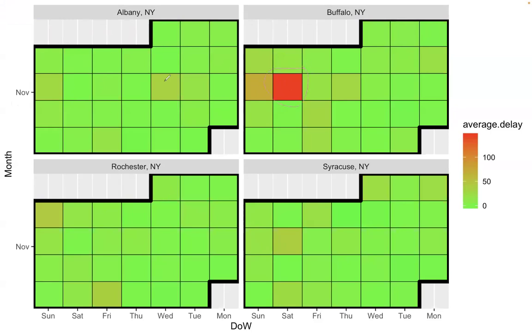And for Albany, this day has the most, and some of the days also have delays. And for Syracuse, this day has the most delay. So it is very clear to see through this picture that you can identify those days you may want to avoid taking a flight, right?